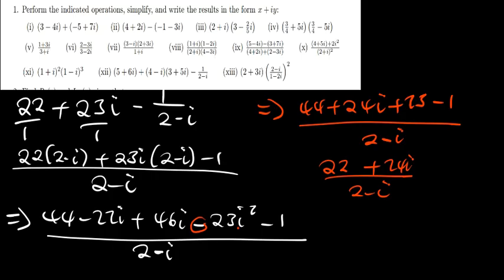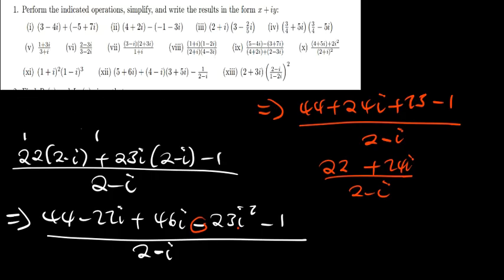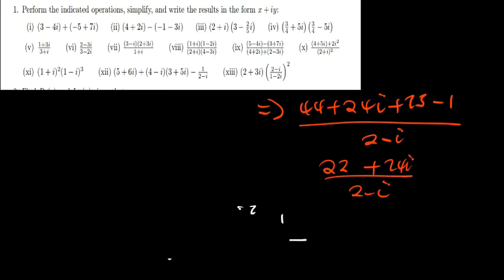Now I need to multiply by the conjugate of what? The denominator. So it will be 2 plus i divided by 2 plus i. So 22 times 2 is 44.